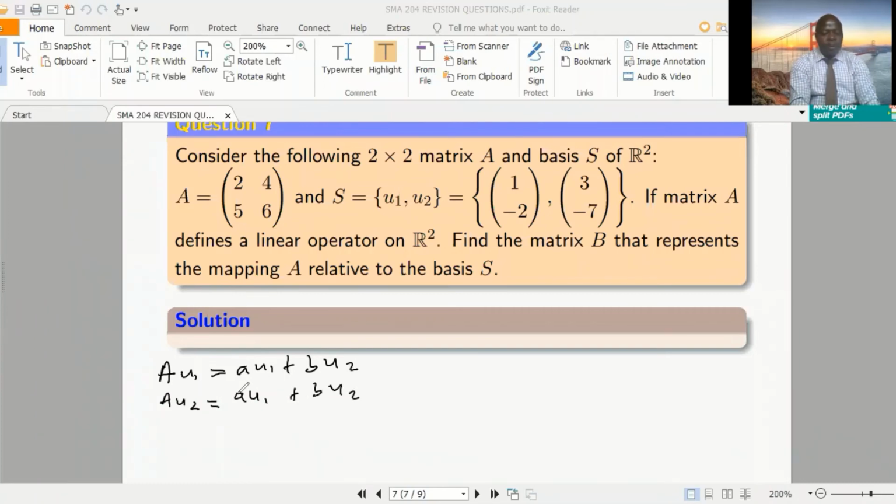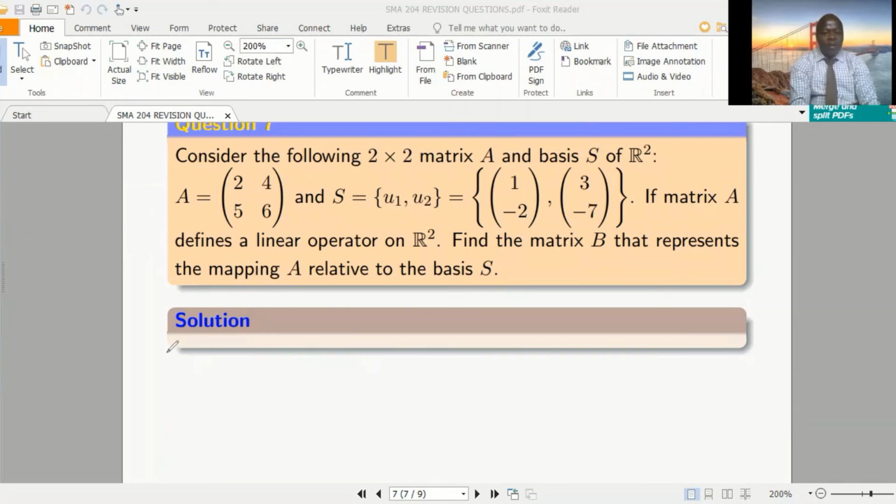This is what the question wants us to find. And then after doing this, we write this as columns, just as we did in question 6.